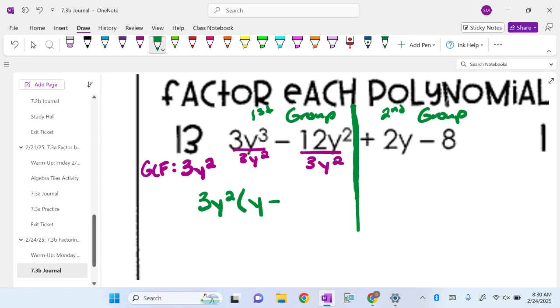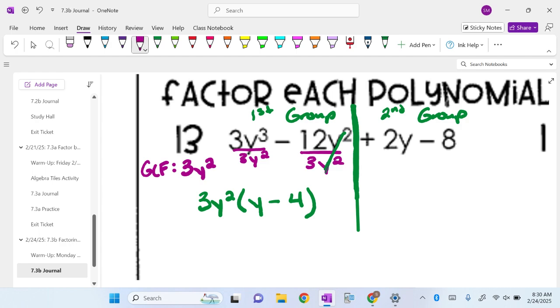What's 2 times 2? 4. If you do y squared divided by y squared, that cancels out. 12 divided by 3 is 4. So that's your first group.